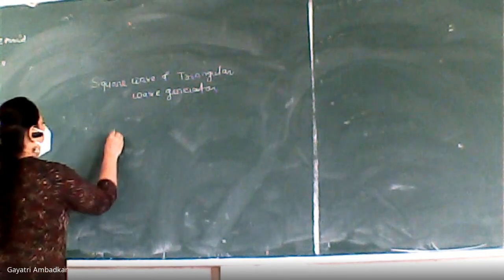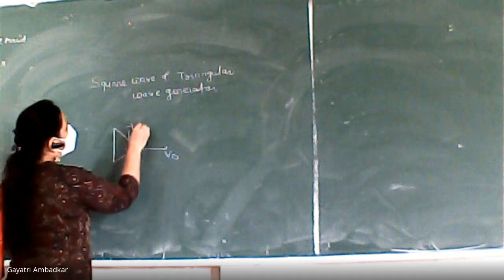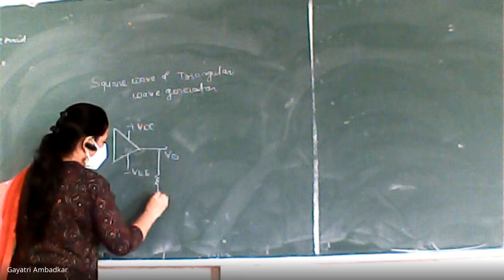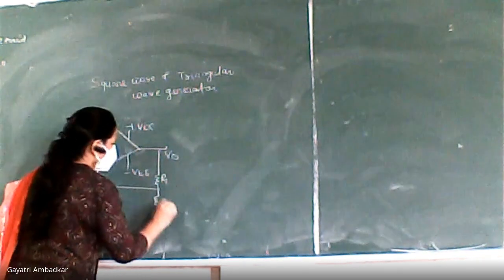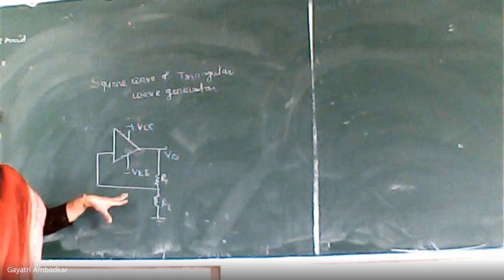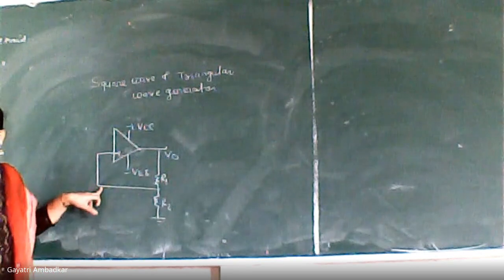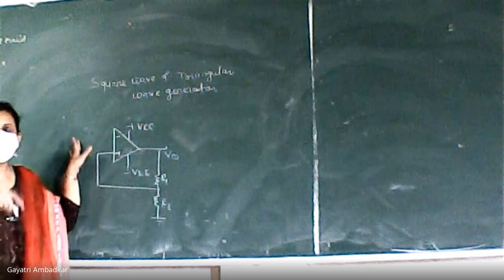Now you are familiar with the Schmitt trigger we have just now studied. You are familiar with this portion, how we are giving positive feedback. This was a non-inverting terminal and we have given feedback to the non-inverting terminal and we used to connect the input in the Schmitt trigger.